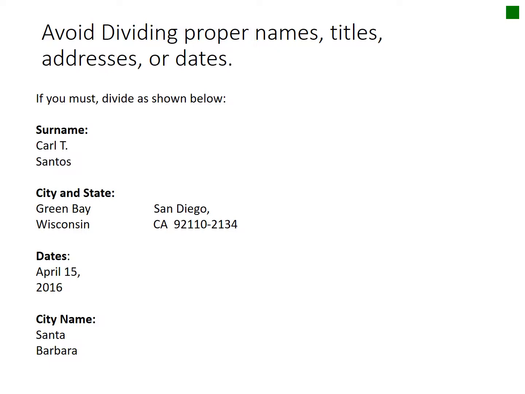But you really should try to avoid that at all costs. Dates, April 15th, you can put 2016 on the next line. Not recommended, but you can. And if you have a city name that is more than one word, you can separate between them. But like I say, this is an emergency situation. Avoid dividing these if you can. But if you see this on a test or that, here are the rules that you would apply.